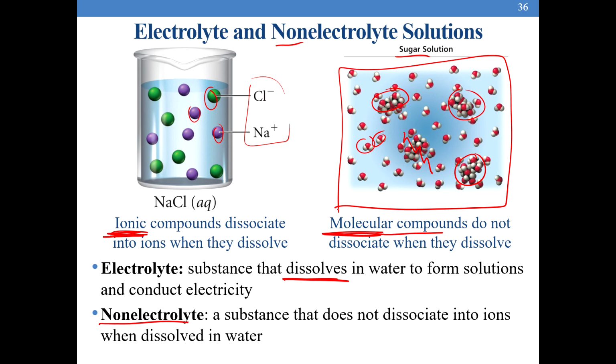So there are some properties of electrolytes and non-electrolytes, but before we get into them, we actually need to take this electrolyte and break it down further, okay? It's not that difficult. We're just going to break it into two types, strong and weak. Strong and weak, okay? That's it. So we'll have strong electrolyte, weak electrolyte, and then non-electrolyte.